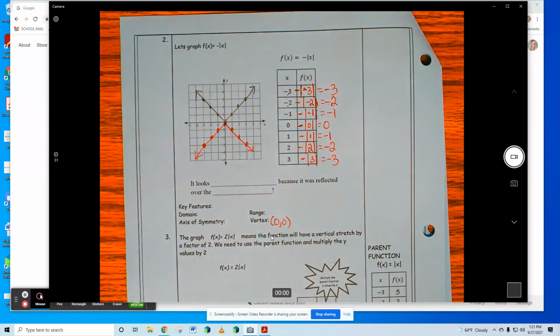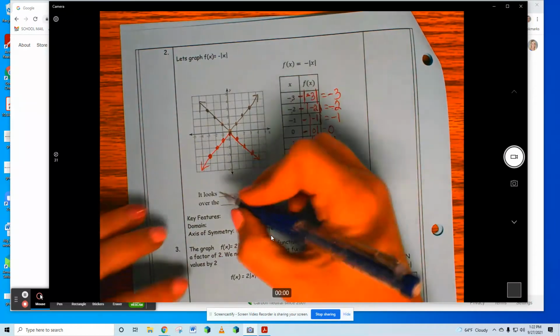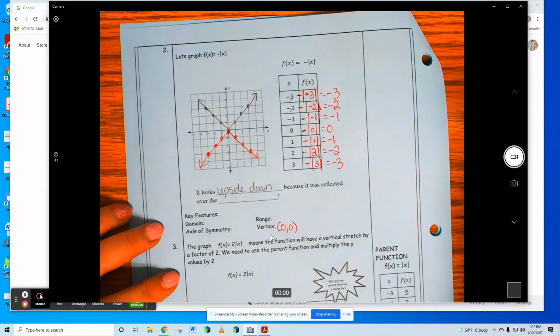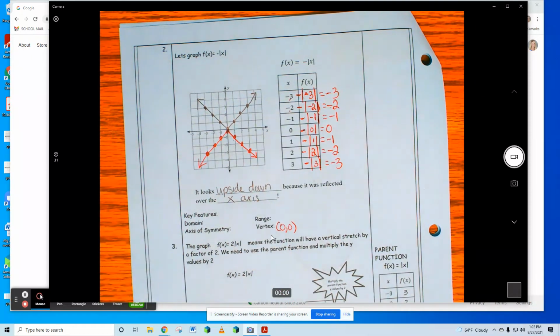It looks upside down because it was reflected over the x-axis. The V-shape got flopped downward.